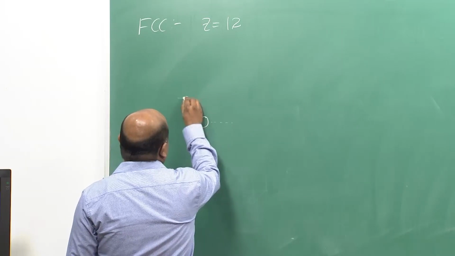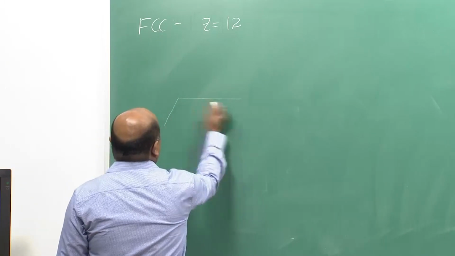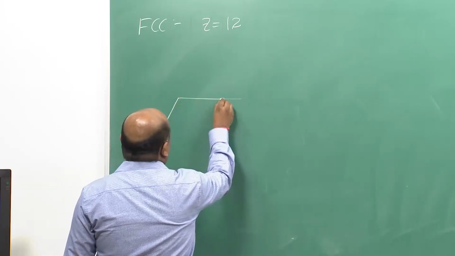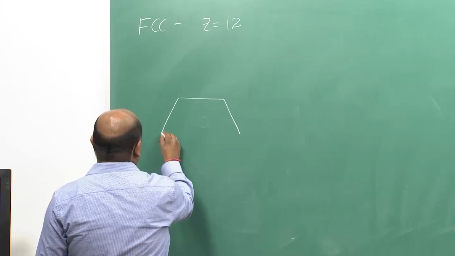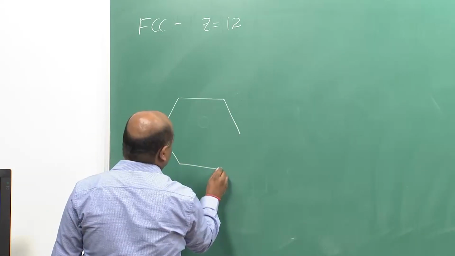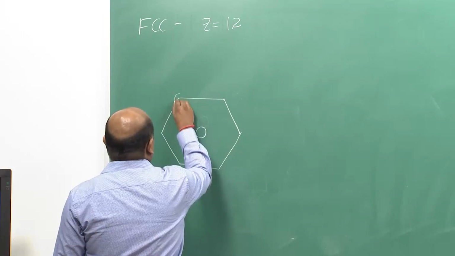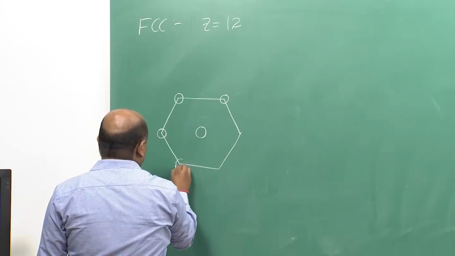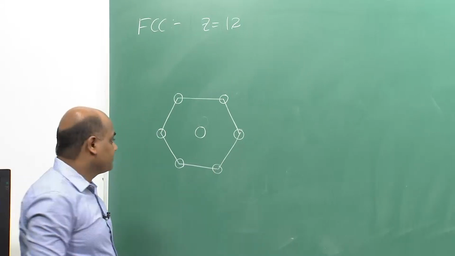So, they are basically in a hexagonal arrangement. If we consider this atom at the center, there are 6 neighbors in plane.